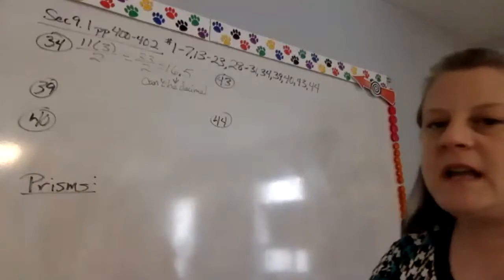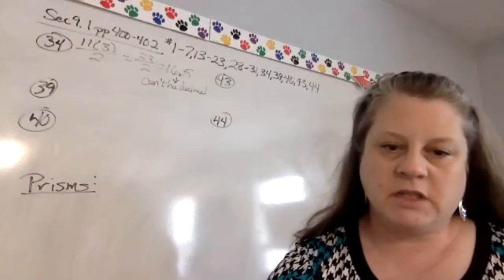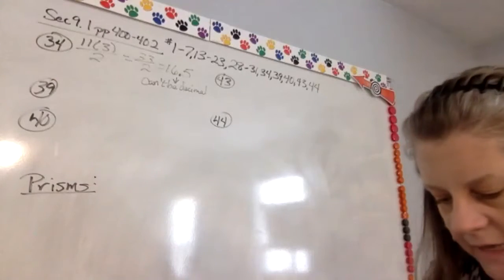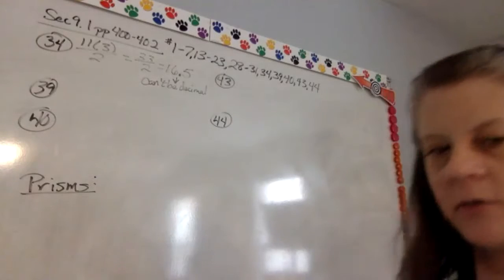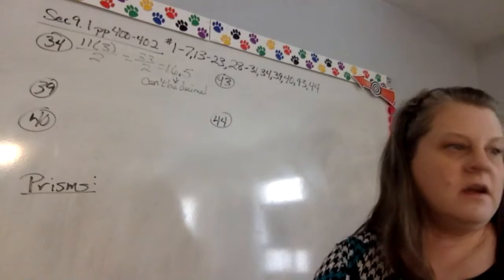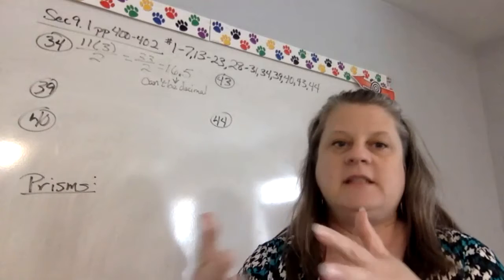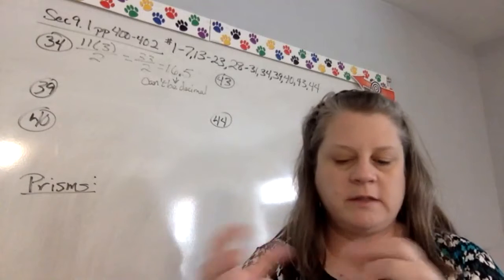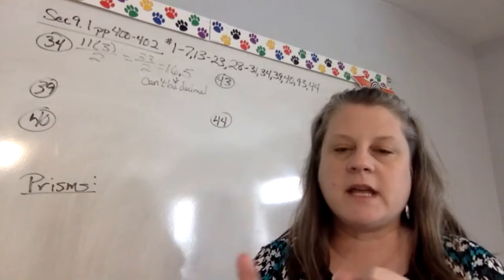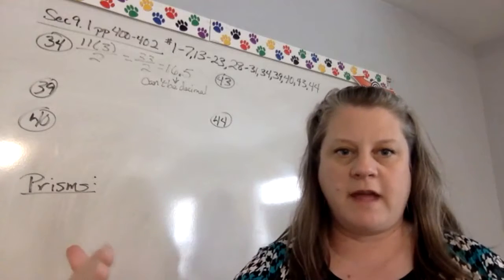Now, for 39 and 40, what it's wanting us to do is it gives you a bunch of different nets there. Remember, nets are what you get when you take all the faces of the prism, whatever pyramid, whatever it is, and you lay them out flat.